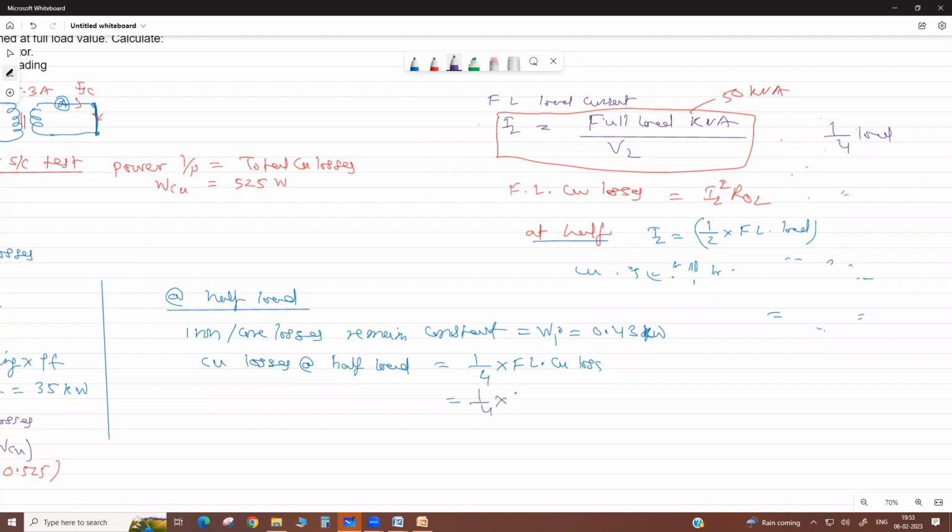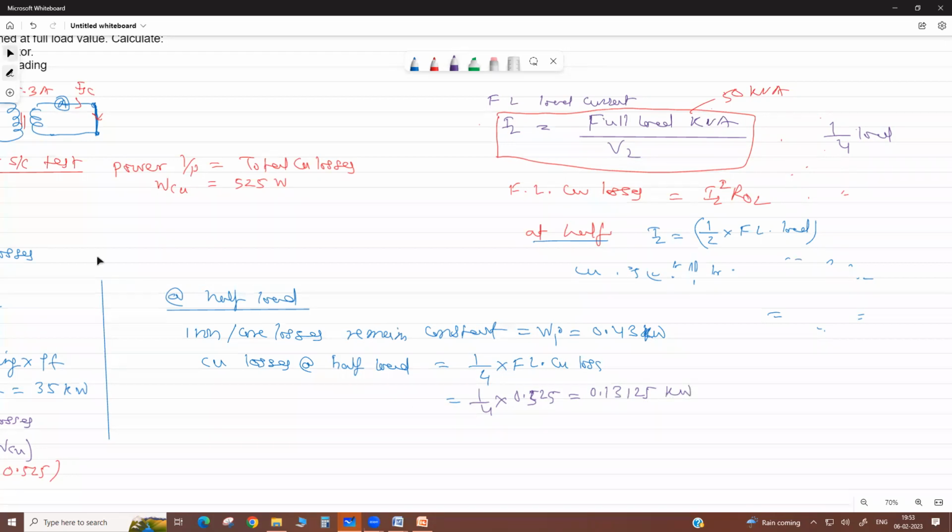But copper loss, that is your 0.525, divided by 4, it becomes 0.13125 kilowatt.